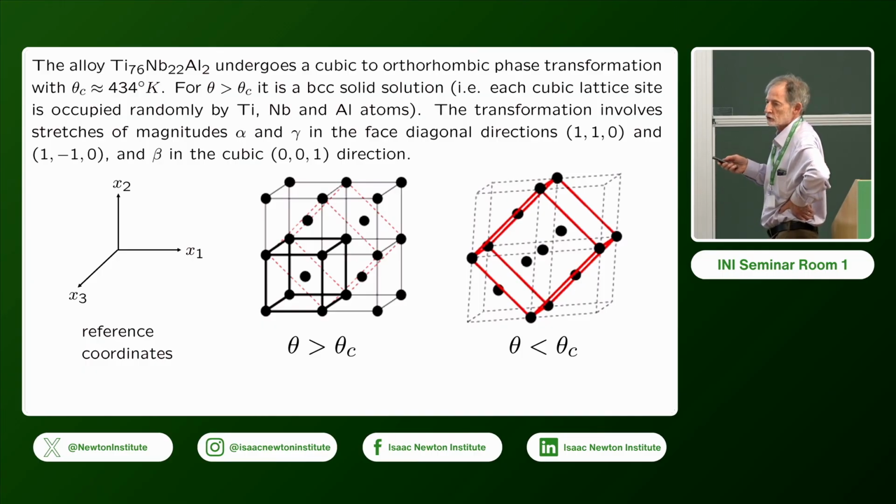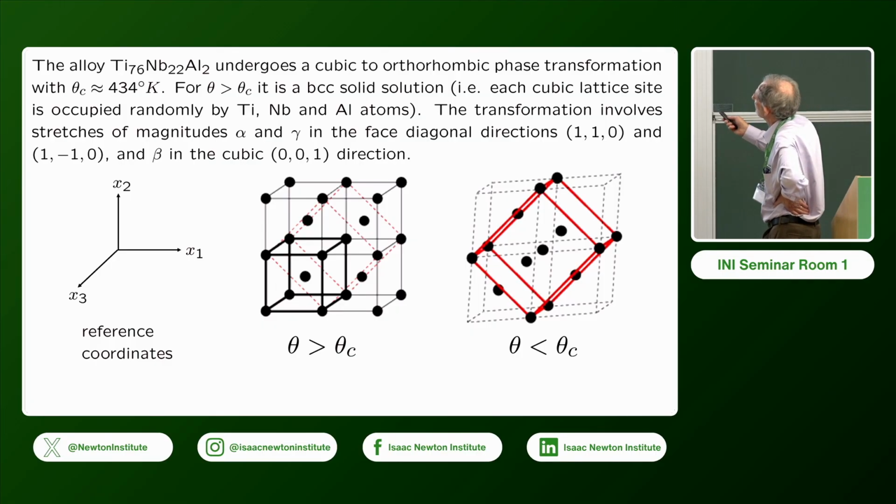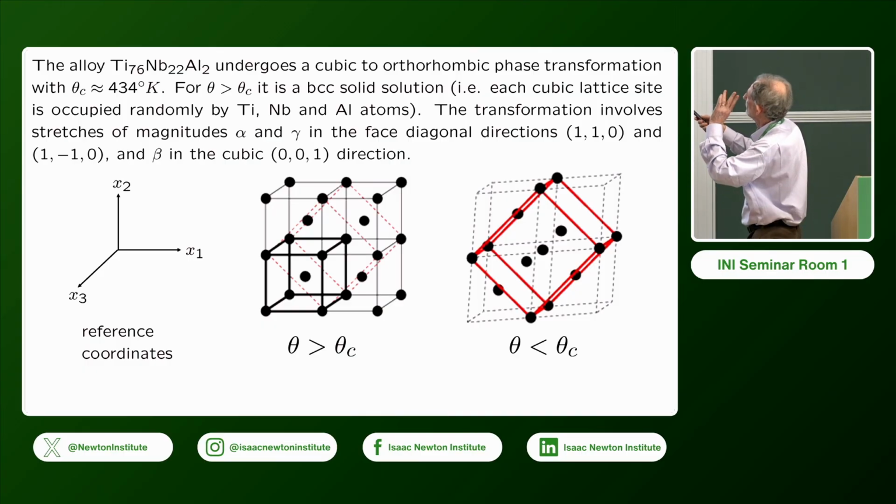Now, what does the change of shape involve? Let's orient the reference coordinates like this, with x1 horizontally and x3 coming out of the screen. One way to represent the change of shape is a stretch by a factor beta in this direction, and then stretches of magnitudes alpha and gamma in the perpendicular face diagonal directions.